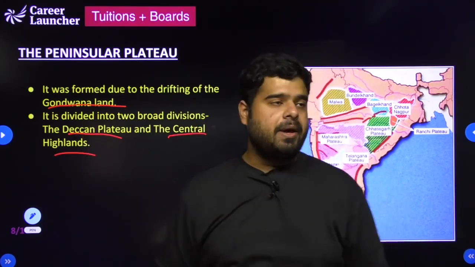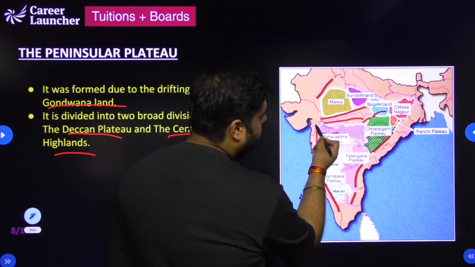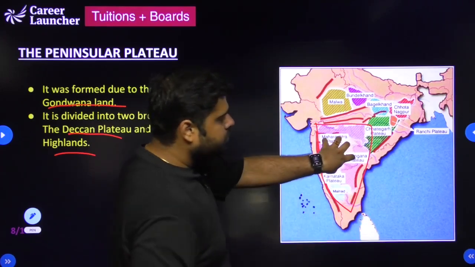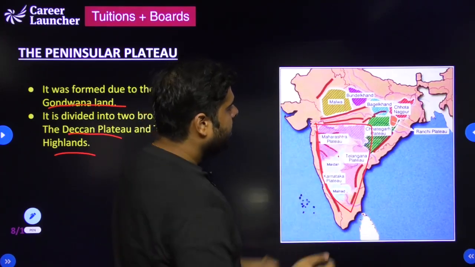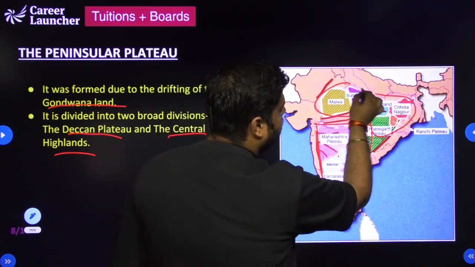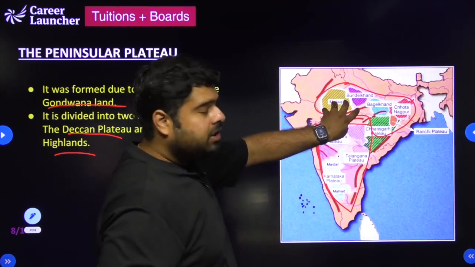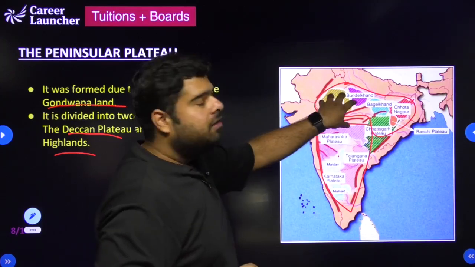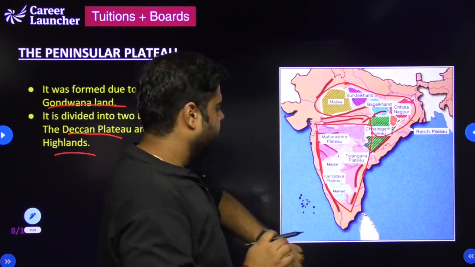Let's understand it from the maps. This triangular-shaped region all together constitutes the Deccan Plateau, while the regions in areas like Jharkhand, Uttar Pradesh and Madhya Pradesh, as they are in the central part of India, are referred to as the Central Plateau system.